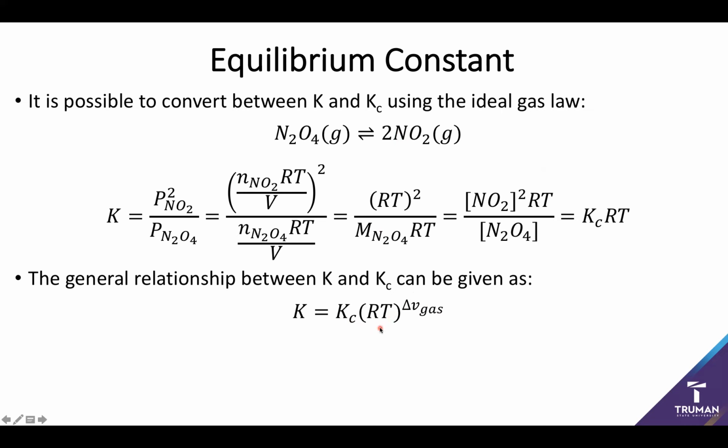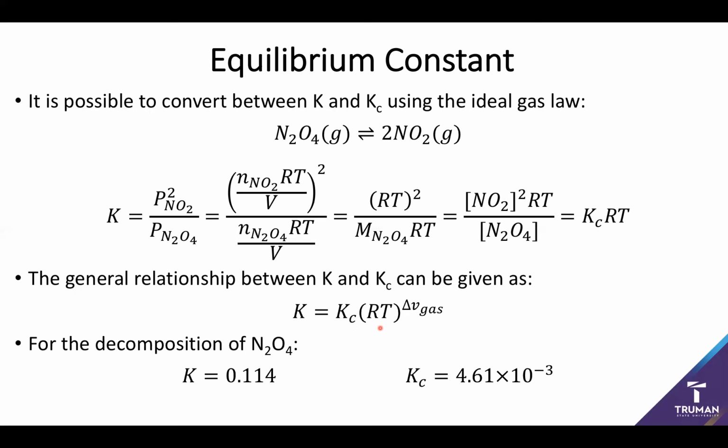So to illustrate the difference in between Kc and Kp, let's go ahead and look at the decomposition of dinitrogen tetroxide. So the Kp value is about 0.114. So this doesn't look too bad. I mean, it favors the reactants just a little bit.